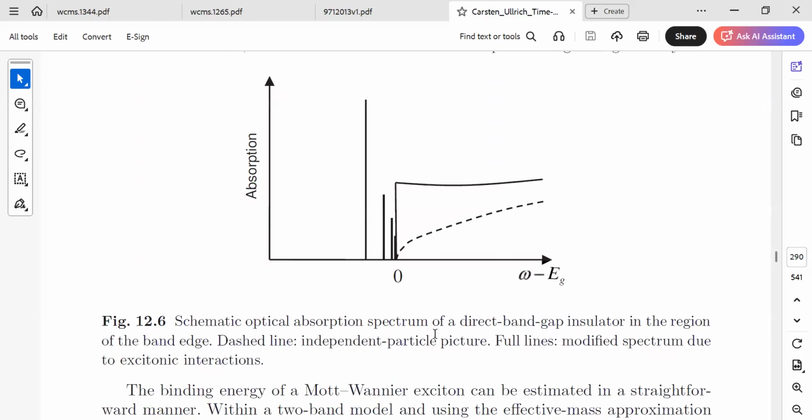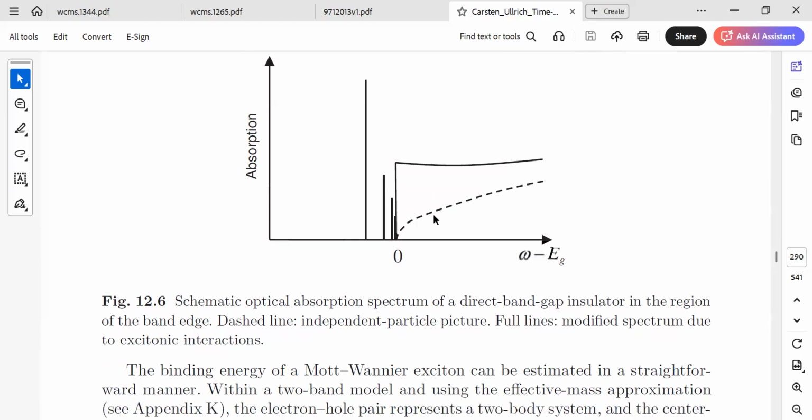Schematic optical absorption spectrum of a direct band gap insulator in the region of the band edge. The dashed line is the independent particle picture. In the independent particle picture, the absorption spectrum should be like this.